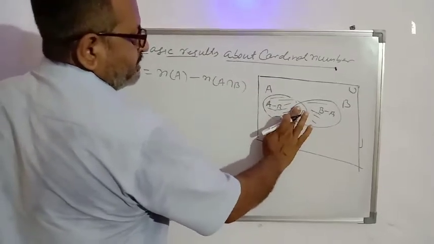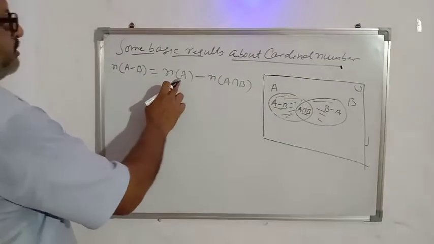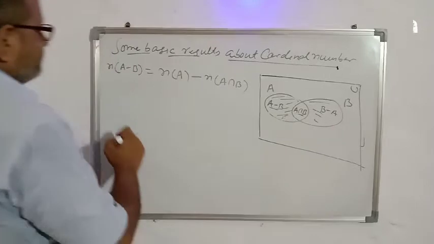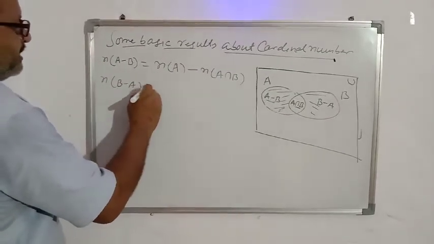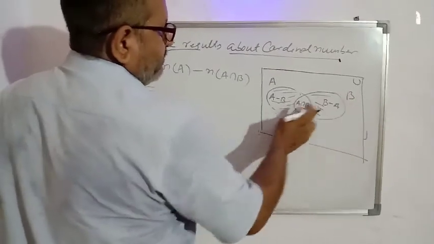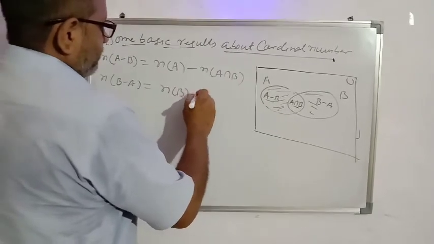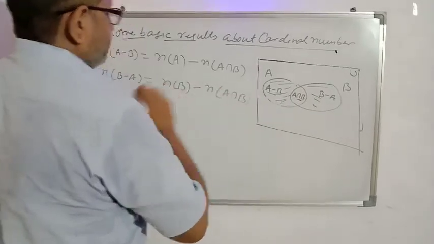We will remove this region, A intersection B. So n(A minus B) is equal to n(A) minus n(A intersection B). If we have to write B minus A, from n(B) we will subtract n(A intersection B): n(B) minus n(A intersection B).